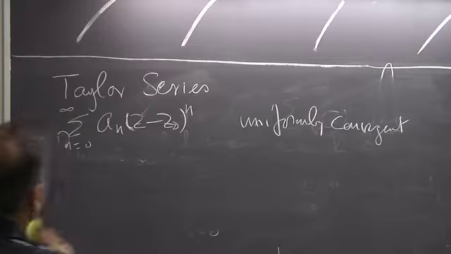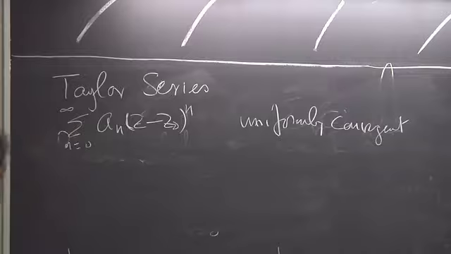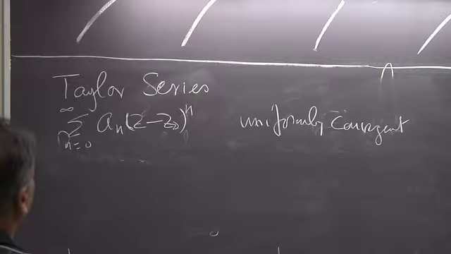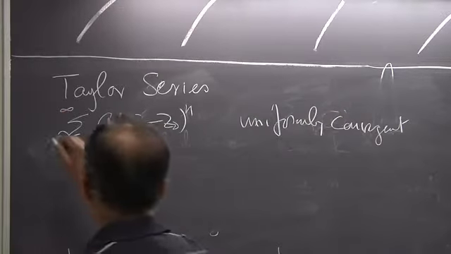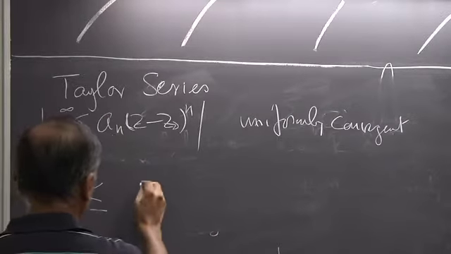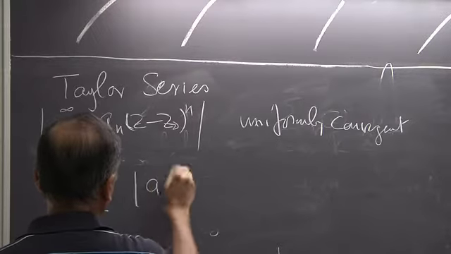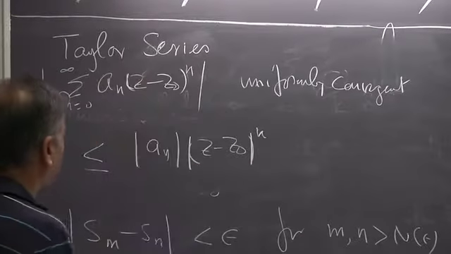So let's do the following. Let me just multiply and divide. What I will do is take the absolute value of this quantity, and this is going to be less than or equal to the sum over n of the absolute values of individual terms, a n times absolute value of z minus z0 to the n.